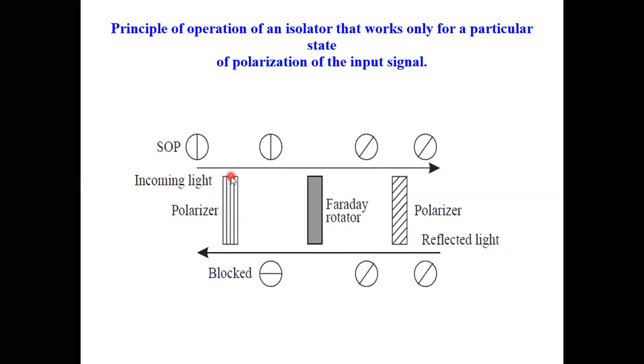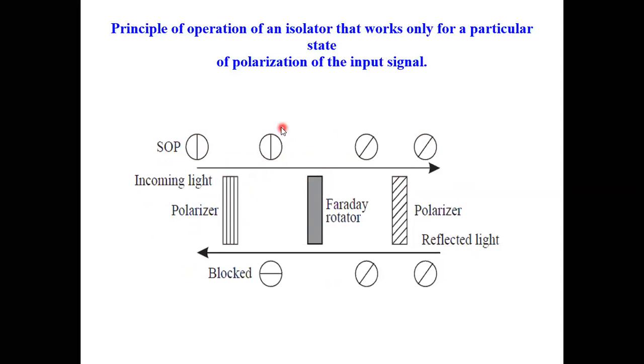That is, it is acting as a filter. Since I have the signal which is vertically polarized, that signal is allowed to pass. I'm not bothered about the horizontally polarized signal. So here, the vertically polarized signal has come inside the isolator. This whole thing is my isolator. Inside my isolator, this is the incoming line.